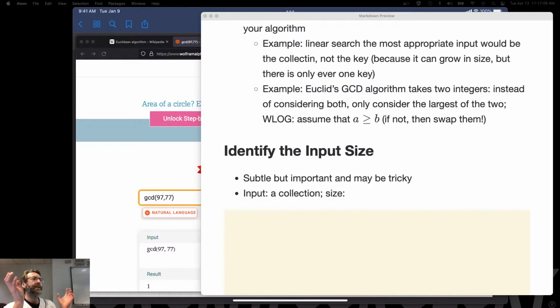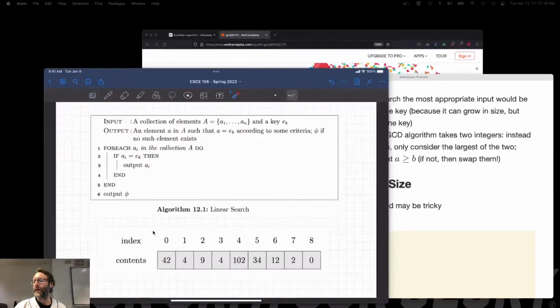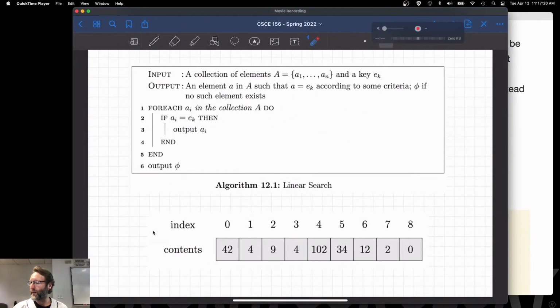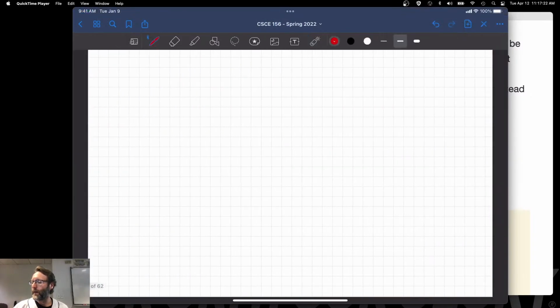If I have a set of 5 elements, what do we call that? The size of a set, for those of you in 235? No? If I've got a set S, and I put lines around it like that, that's the size of the set.